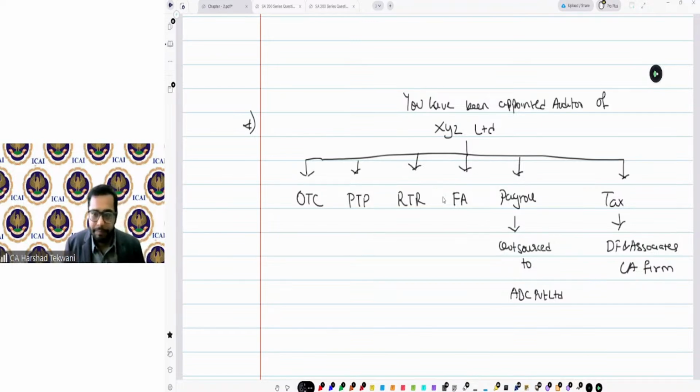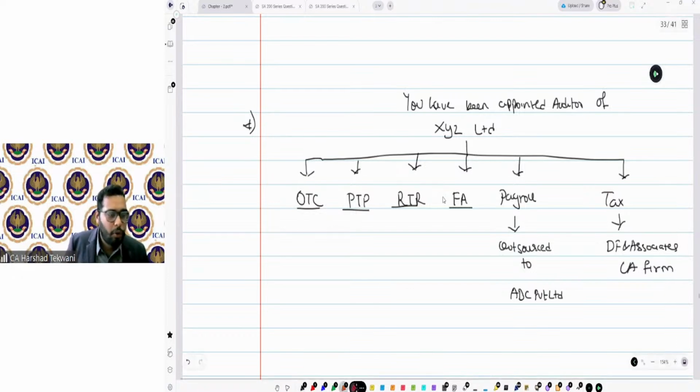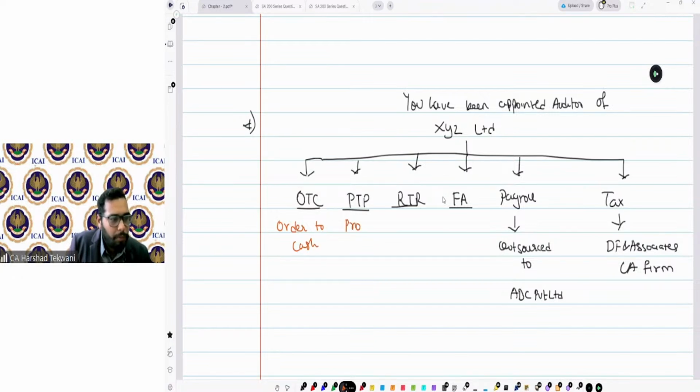XYZ Limited. Now O2C, P2P, R2R, FA are the areas which are there within the company itself. For those who are not aware, O2C is order to cash, P2P is procure to pay, R2R is record to report.